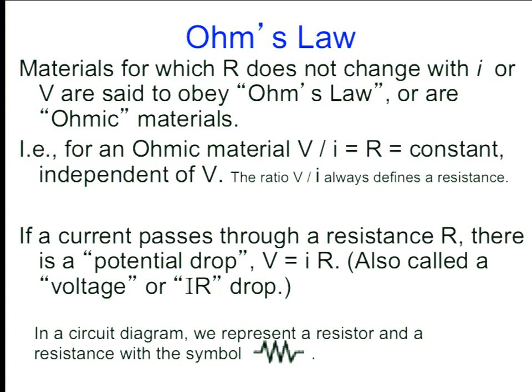Now, conventional current goes from plus to minus. You see, because you started out with a battery like this, and you push plus charges out, and they go through, so we speak of this delta V as the voltage drop, because it drops from a high value to a low value.